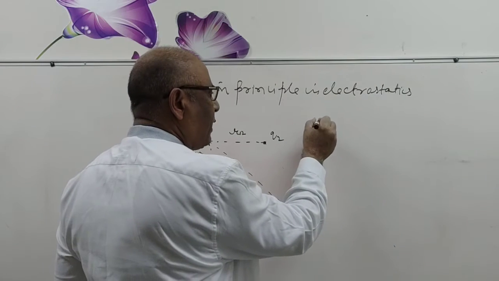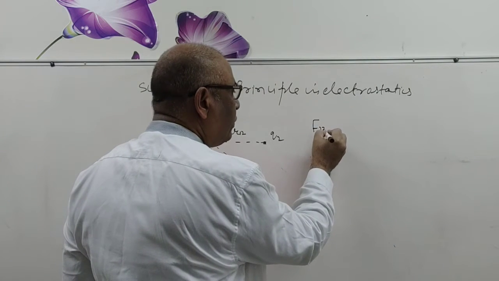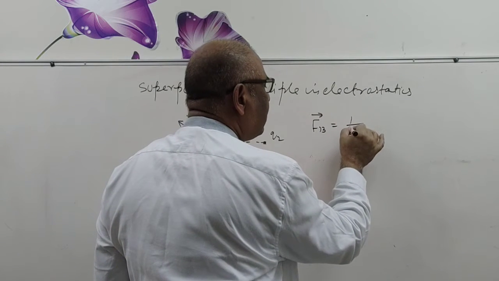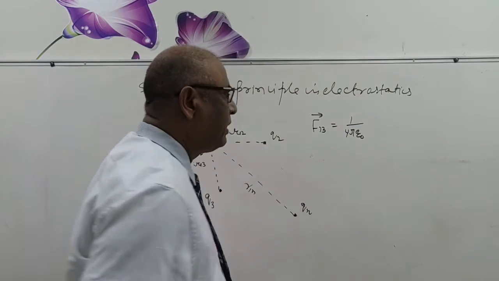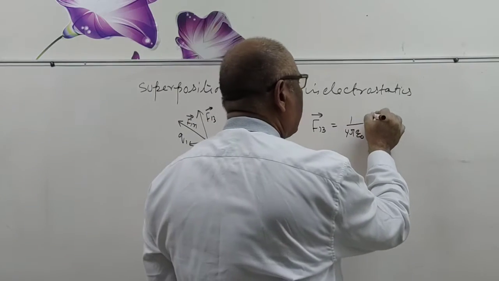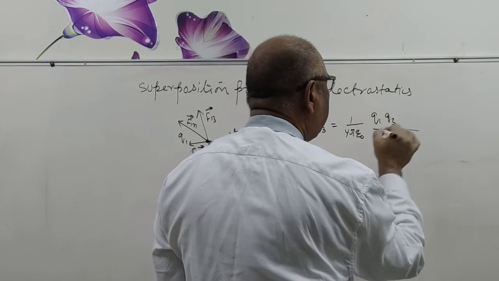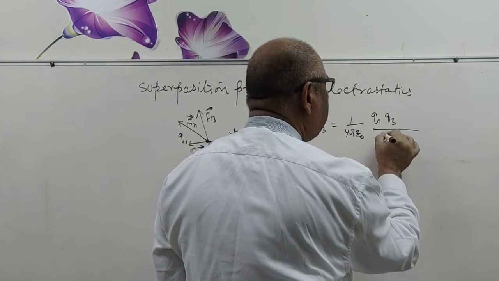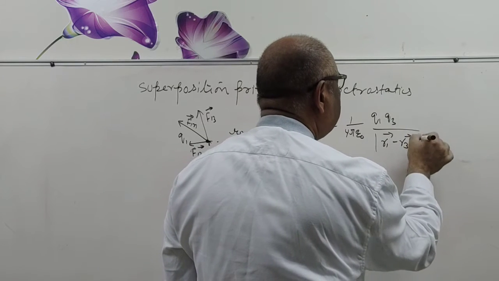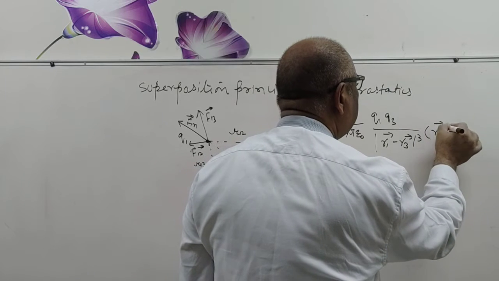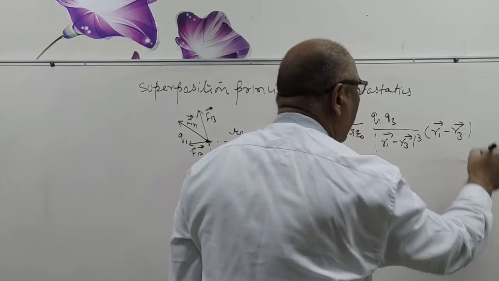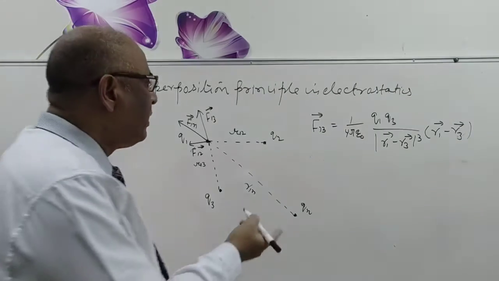So in this case, the vector F13 equals 1 upon 4 pi epsilon naught, Q1 Q3 times the vector R1 minus vector R3, divided by the modulus of R1 minus R3 to the power 3, in terms of position vectors. We have already discussed these things.